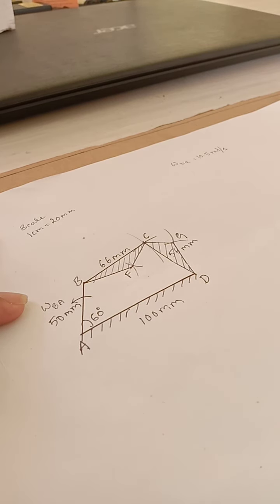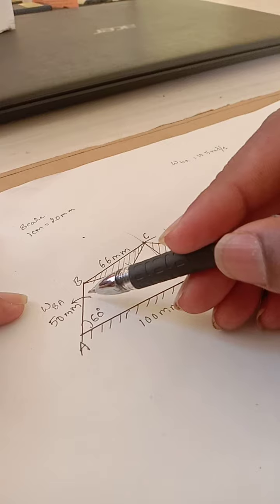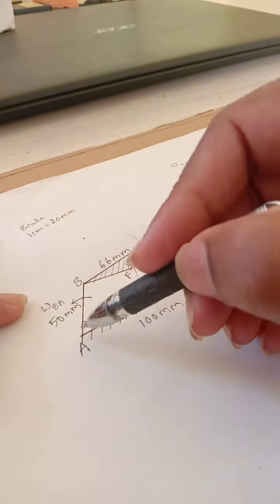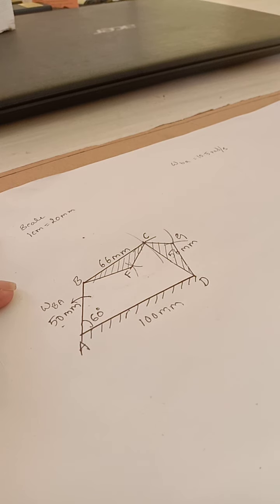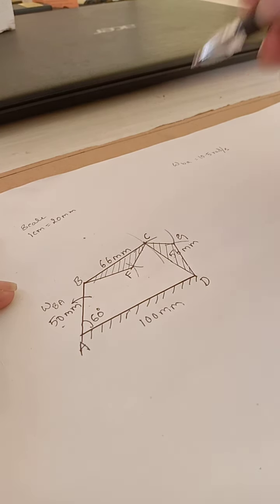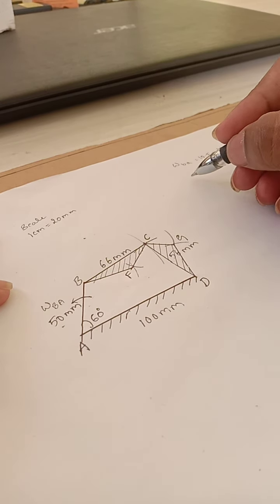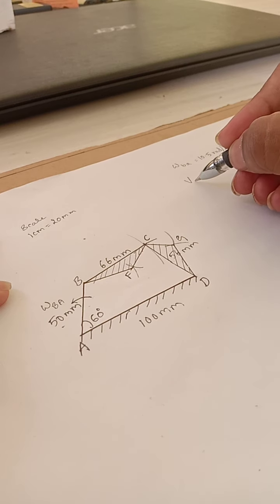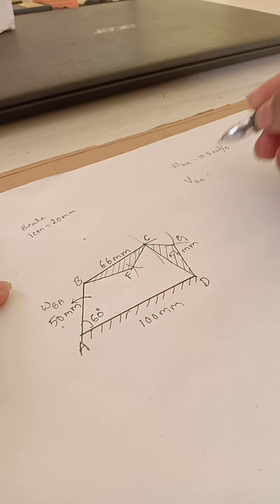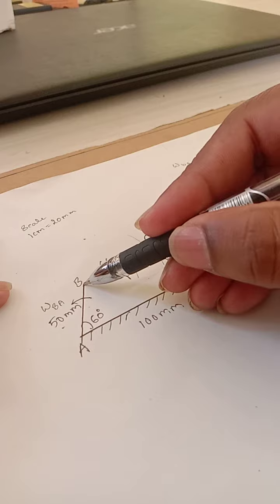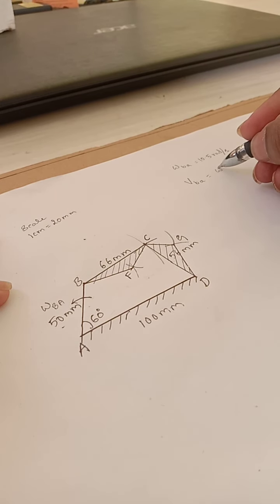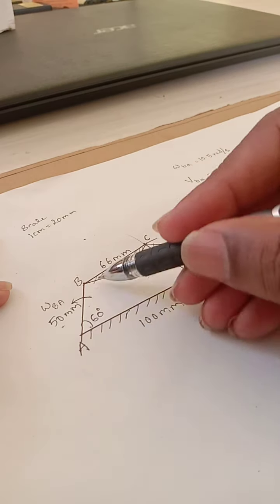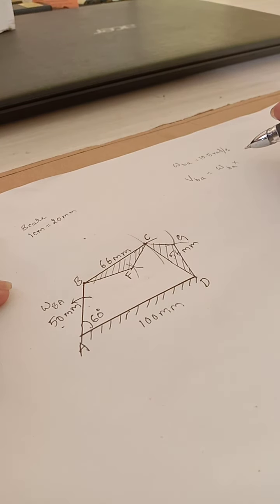Once I know this omega BA value, and I also know the length of AB, that is 50 mm, I can calculate the velocity of point B with respect to A. That is omega BA into the length of this link.